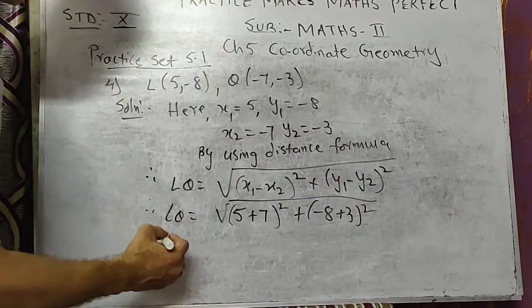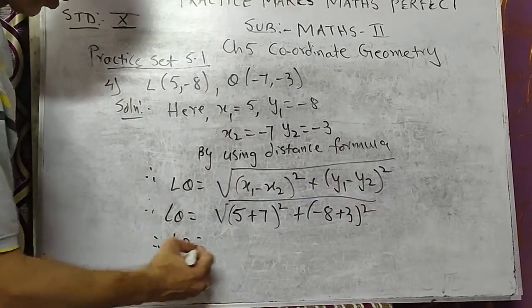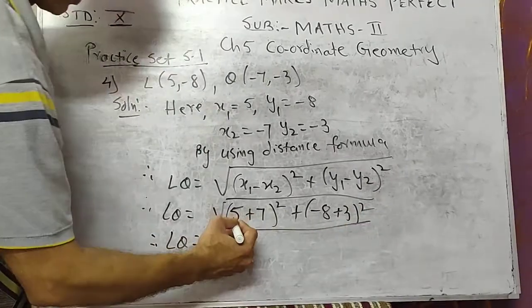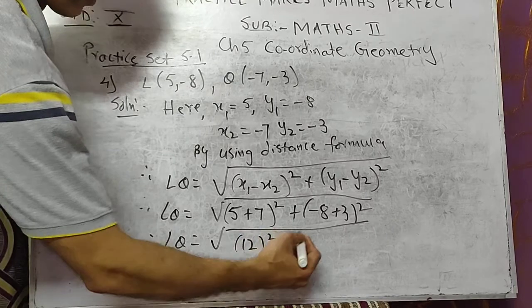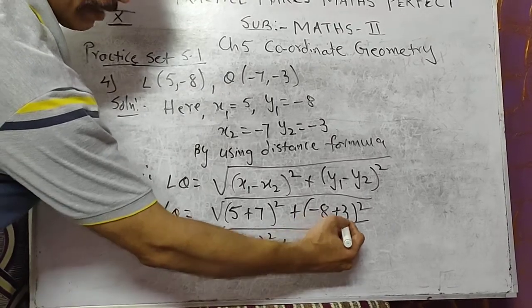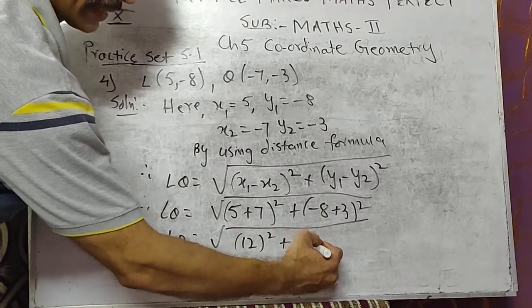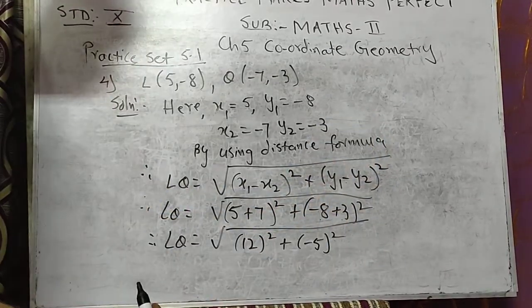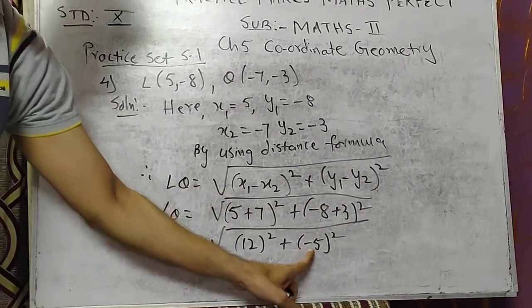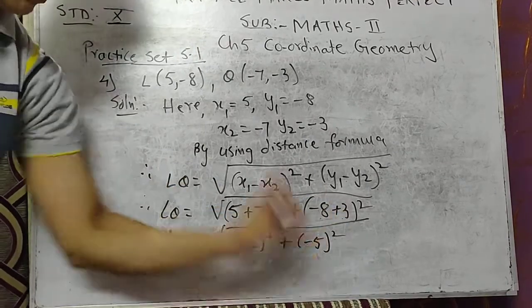So LQ is equal to square root of 5 plus 7 is 12, 12 square plus minus 8 plus 3 will be minus 5 the whole square. Minus plus minus, you know, bigger number sign is minus. 8 minus 3 is 5.